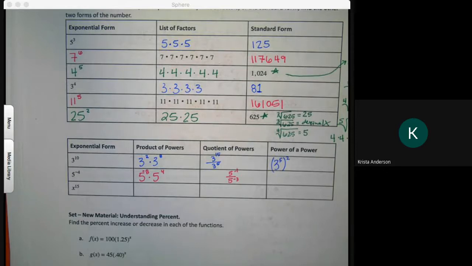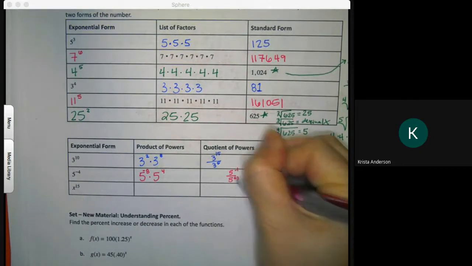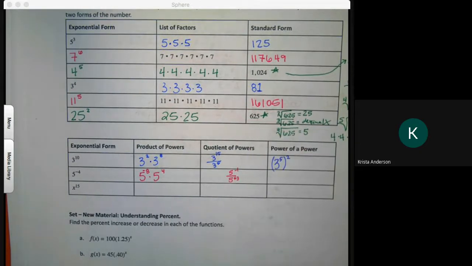Oh wait, it would be a +2. Yeah, that would be a positive. Let's try -1 minus 3. What's -1 minus 3? Okay, that worked. -1 minus 3 is -4. That's good.